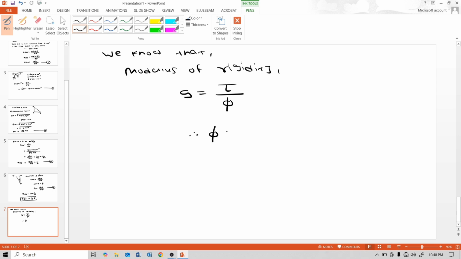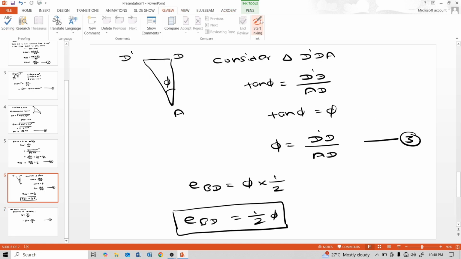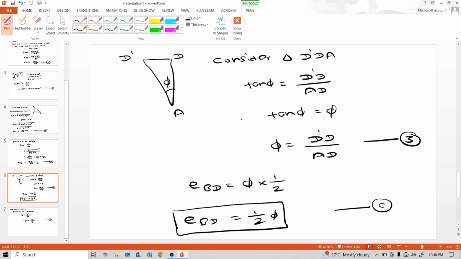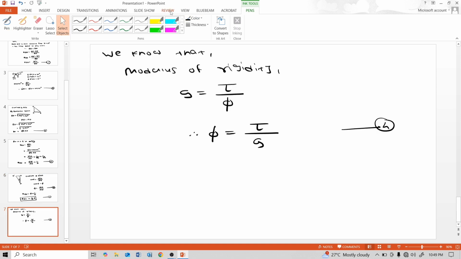Therefore this shear strain is equal to shear stress to the modulus of rigidity G. Put this phi in EBD, the strain in diagonal.